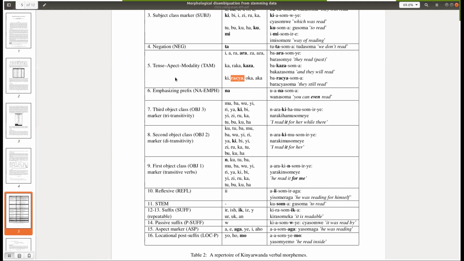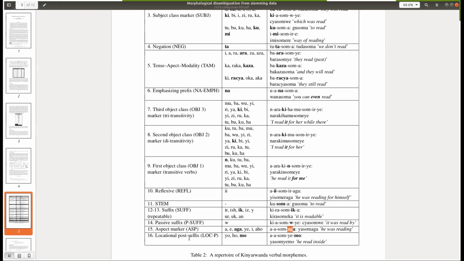So there's a relationship between these two, which is kind of the concept of circumfixation, but more complex. That's why this is also called aspect markers, and this is the tense aspect modality morpheme. So for example, yasomaga. Aga also means it's in the past, and so the a here has to correspond to aga to make it a past tense.